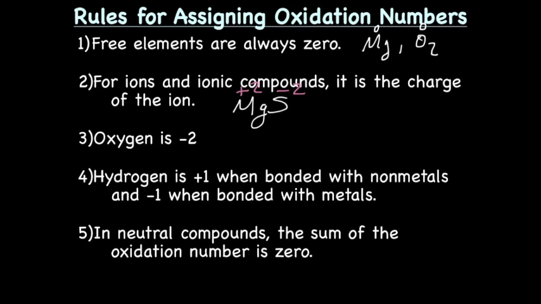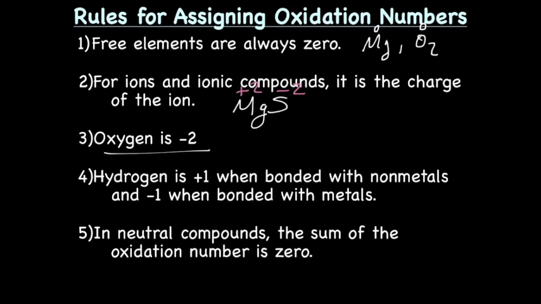The oxidation number for oxygen is always -2. And hydrogen is +1 when it's bonded with nonmetals. If you remember, when hydrogen is bonded with nonmetals, it's written first. And it's -1 when hydrogen is bonded with metals.